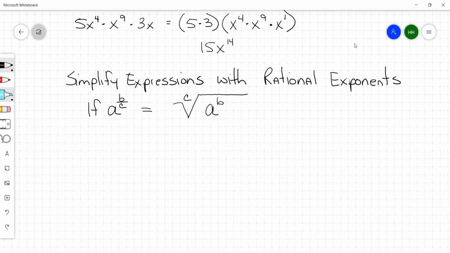That is your notation. That's the c root of a raised to the b power.